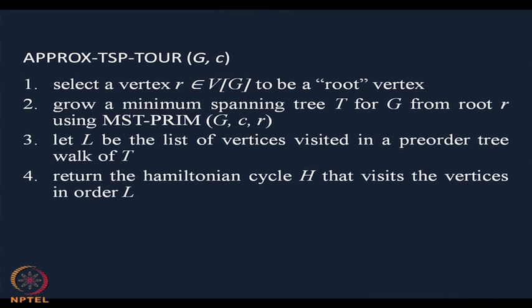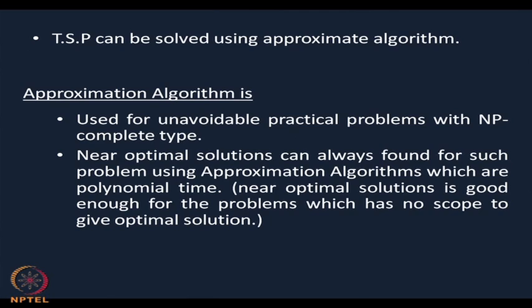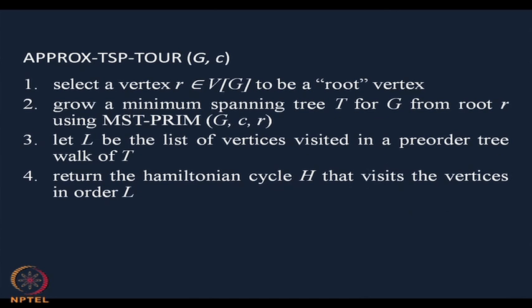That is one method. As I was telling, there is also an approximate method, which we call an approximation algorithm. By this approximation algorithm, you will obtain the shortest cyclic path, but the solution will be approximate, that is the cost or the time may not be optimal. We can obtain a near optimal solution.